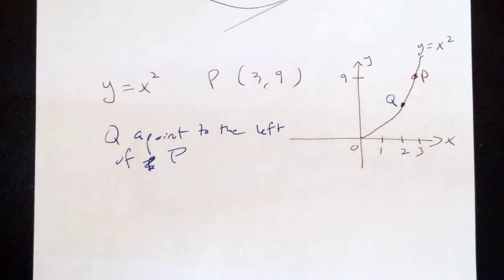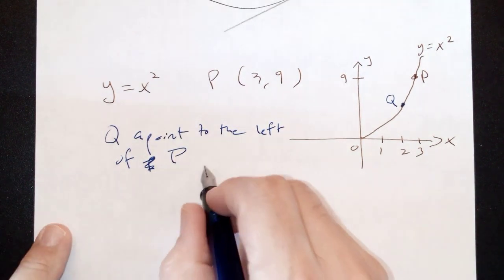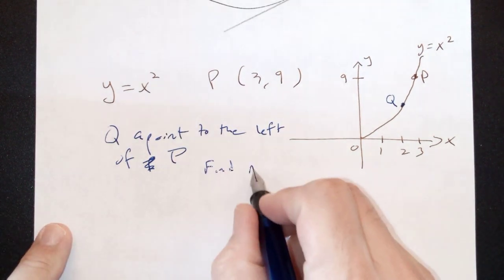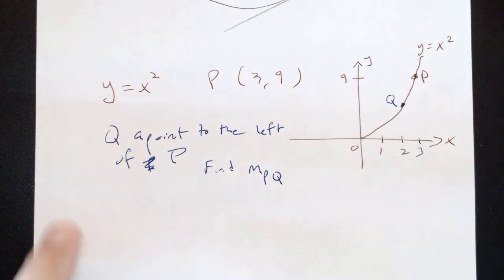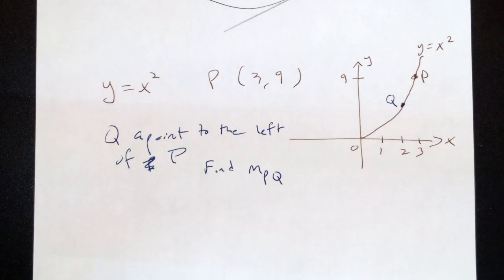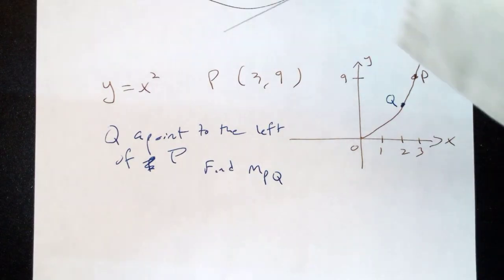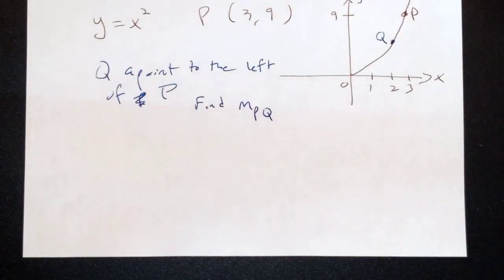And what I'm going to do is draw the line that goes through P and Q. I'm going to get the slope that goes through P and Q. The slope, M, of the line passing from P to Q. All right.